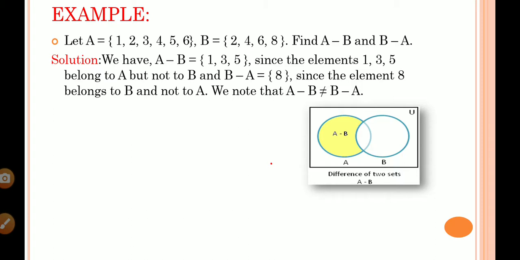B minus A is 8, the element present in B but not in A. Since the element 8 belongs to B and not to A, we note that A minus B is not equal to B minus A.